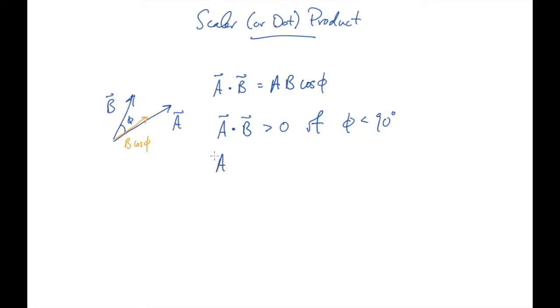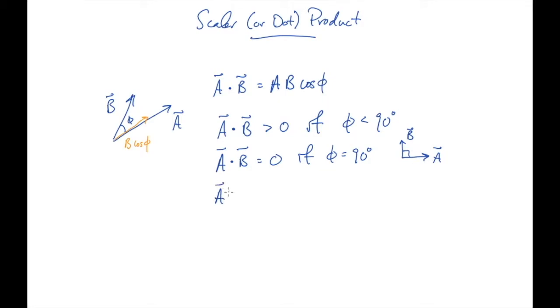The dot product is 0 if the two vectors are perpendicular, if the angle phi is 90 degrees. So you can see that here. If this is vector A and this is vector B and they're perpendicular, then there's no projection of the second vector along the first one, and that dot product's going to be 0.